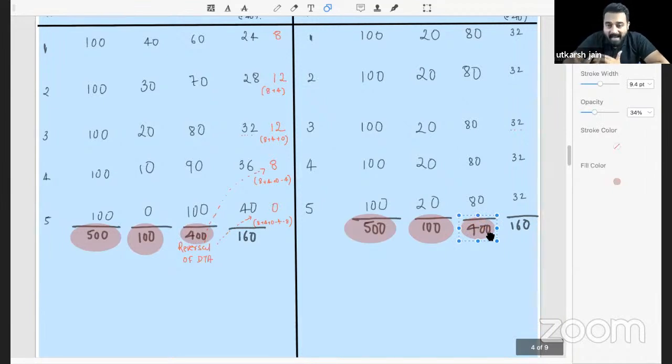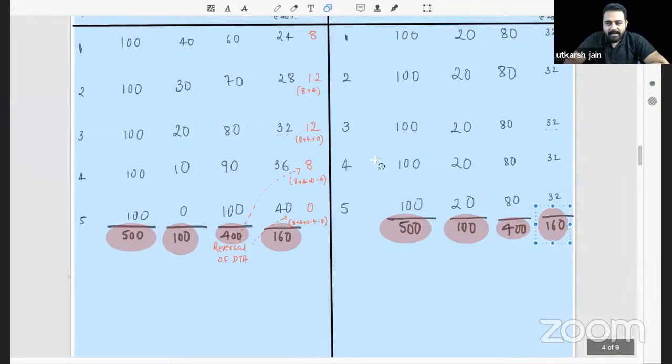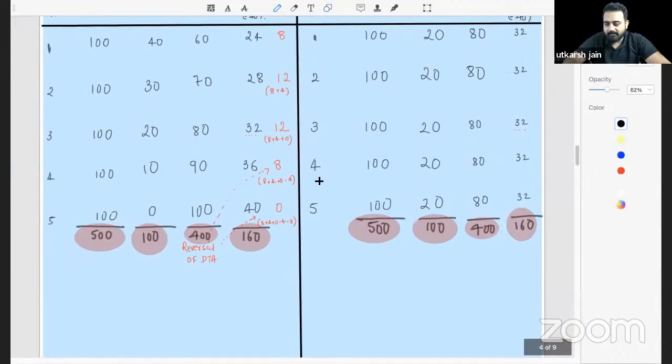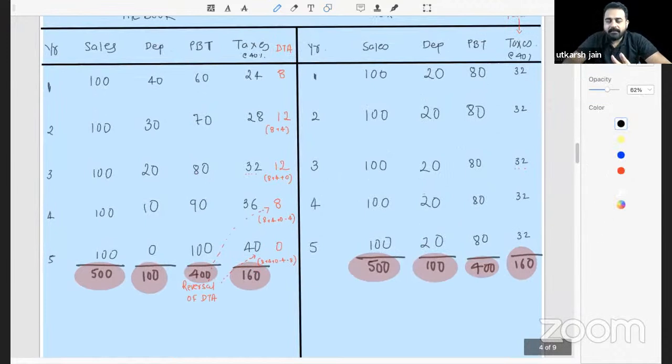In fact, the total tax that I'm showing as an expense and I'm paying in cash to the tax division is also same over the period of 5 years. Correct? So when I do this accounting on a totality basis, it looks like it's going to be the same. Where is the difference coming in? If I'm paying the same taxes over a period of 5 years, 160, where do you think the difference is coming in? Why do you think the difference is coming in?